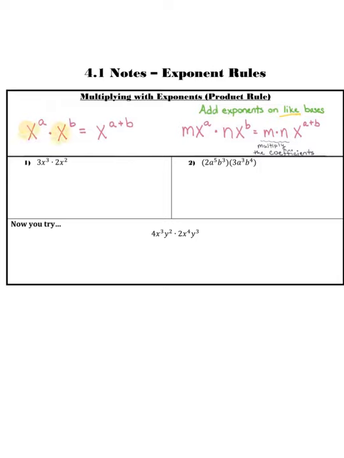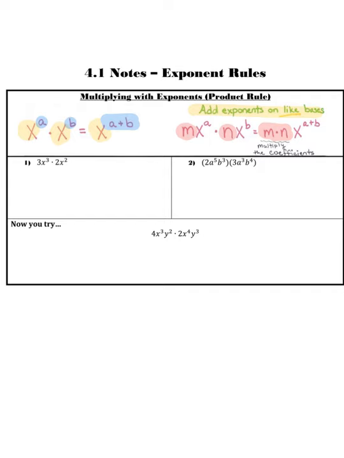So the product rule says that we are going to add the exponents on the like base. So notice our base is still x, and then what happens is we've added the exponent a with the exponent b. Now if you have a coefficient in front of your variable, you are still going to multiply the coefficients together.